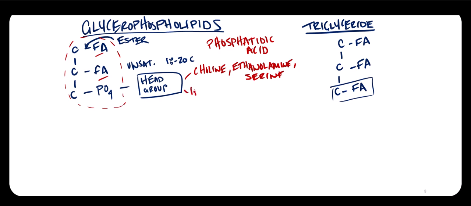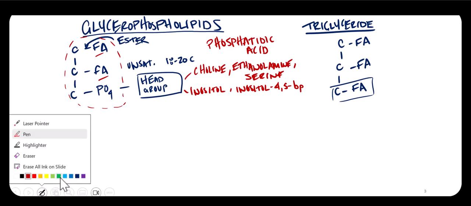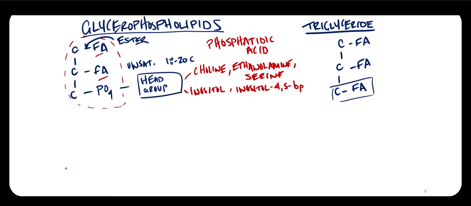If it's inositol or inositol 4,5-bisphosphate, as non-nitrogen containing, that's going to take us a different direction. So our first classification of the glycerophospholipids is based on the head group, whether it's nitrogen containing or not nitrogen containing.